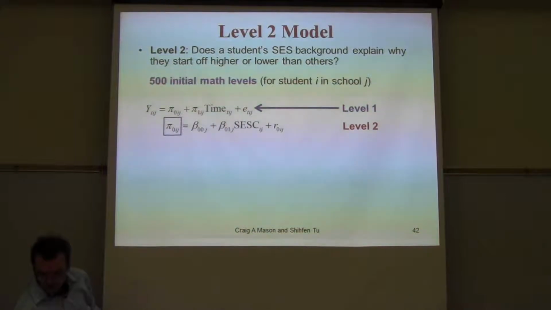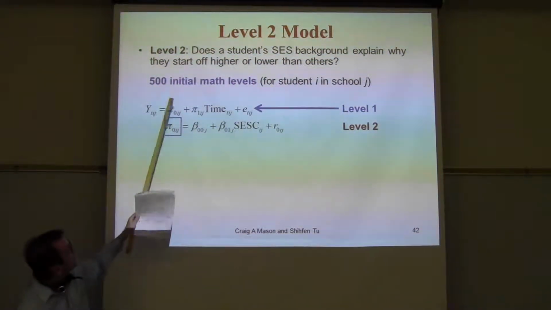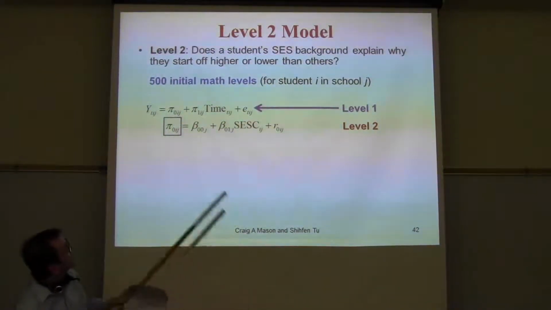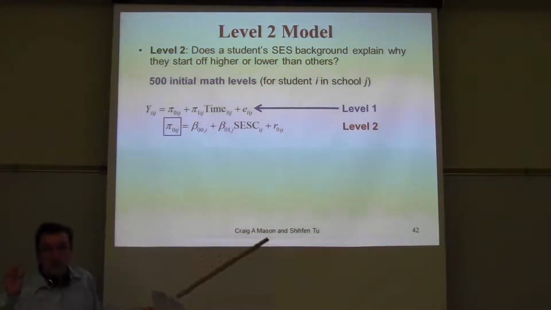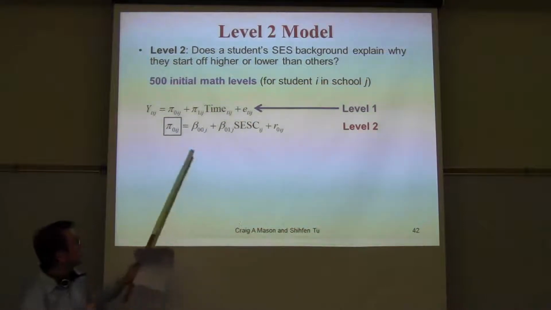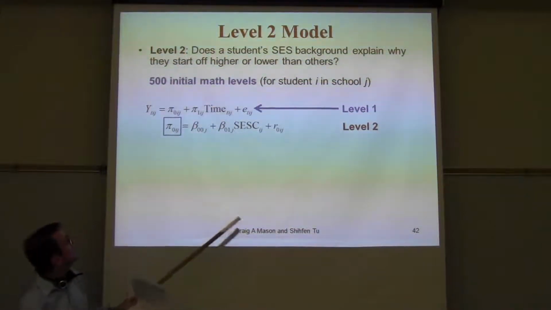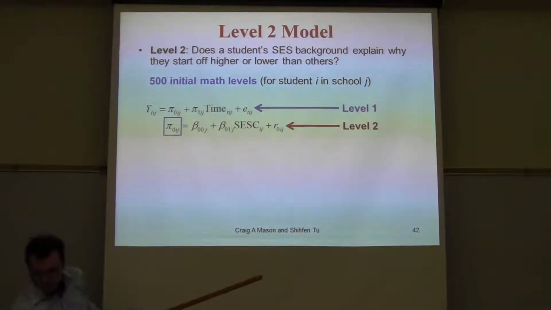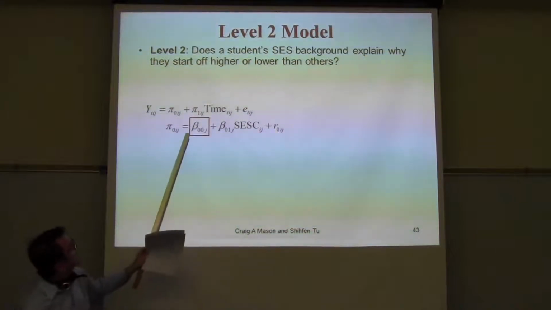We start off with these 500 initial math scores. We had 500 pi 0 ij's, one for each of those 500 students. Then we're going to predict them now.